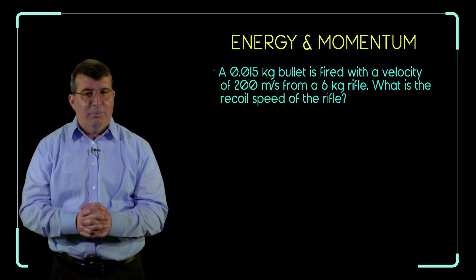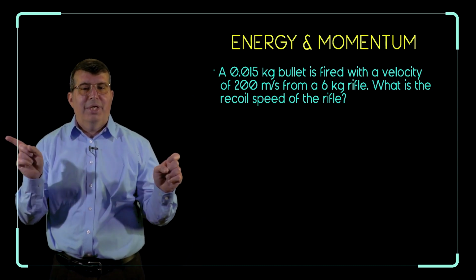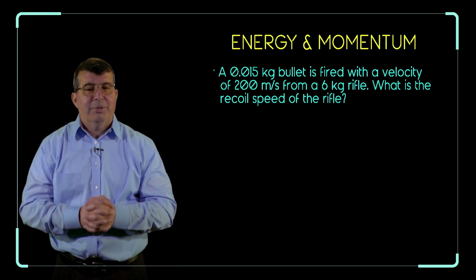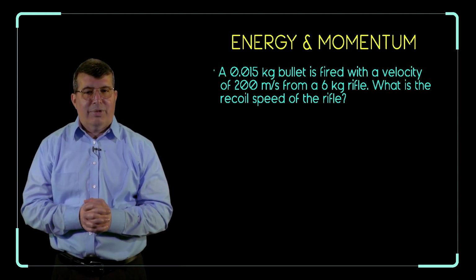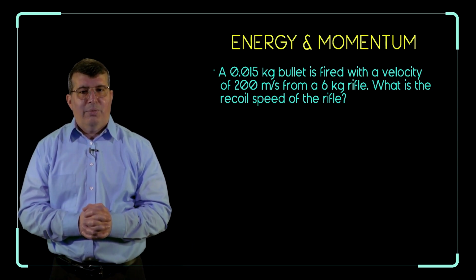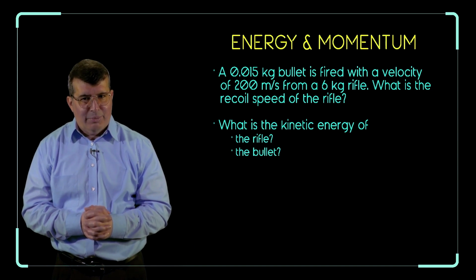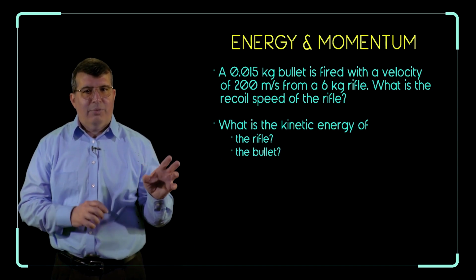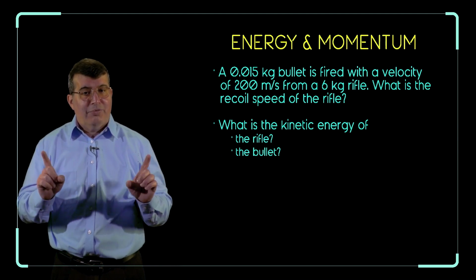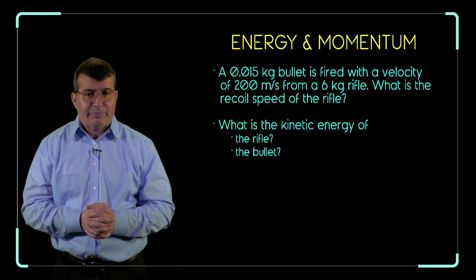That is conservation of momentum. Remember that mass times velocity in one direction equals mass times velocity in the other direction. So you use momentum ideas to answer that question. But then I would like you to work out what is the kinetic energy of the rifle and the kinetic energy of the bullet. So the rifle and the bullet will have equal amounts of momentum, but you should find out that they have different amounts of kinetic energy.